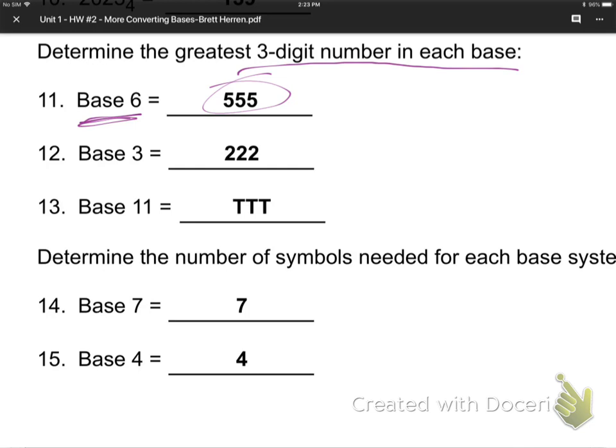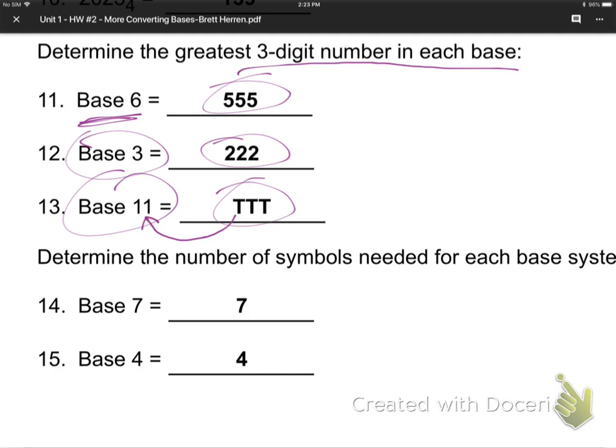In base 3, it's 222. In base 11, it's T. Notice it's always one less than the base number, because that's the biggest digit you can make. Just like in our system, base 10, the biggest thing is a 9. To make 10, you need 2 digits in the base 10 system.